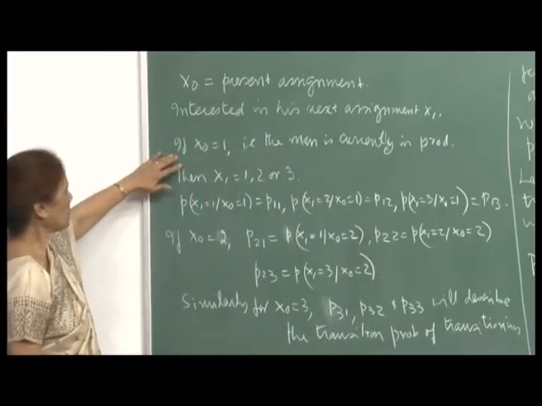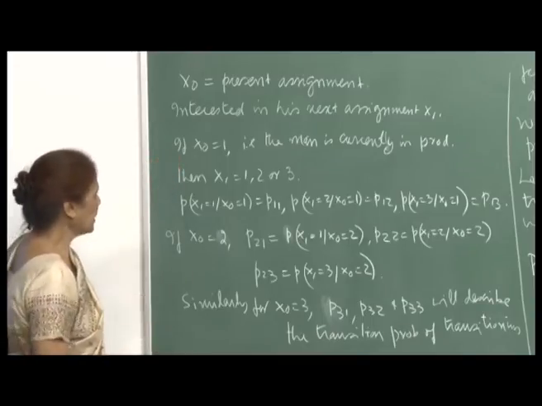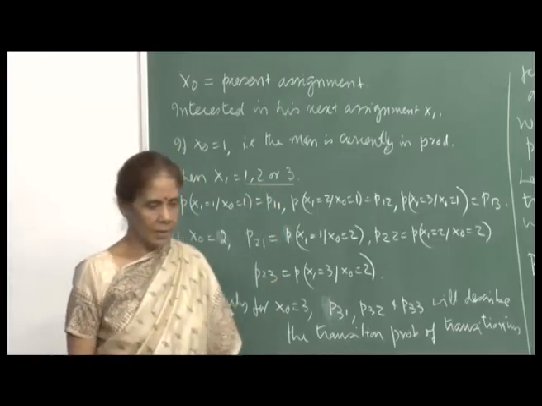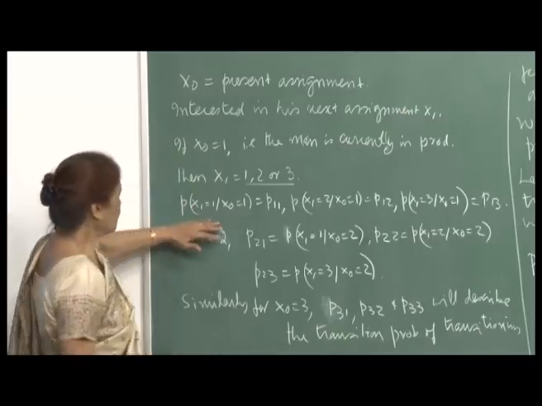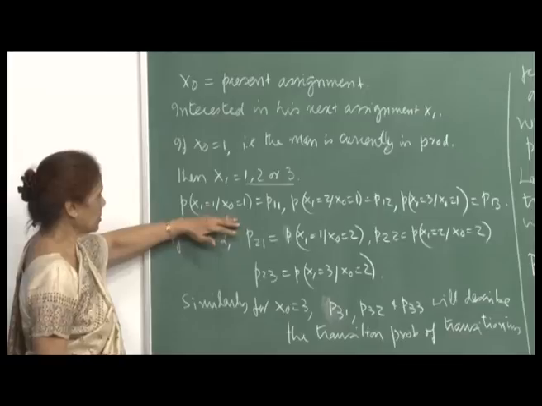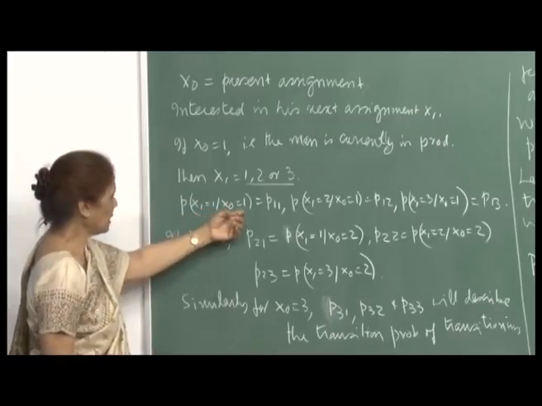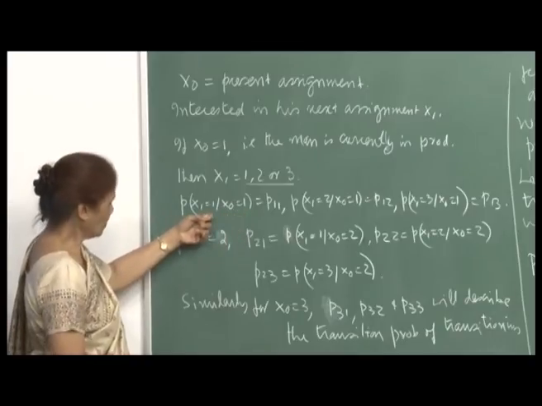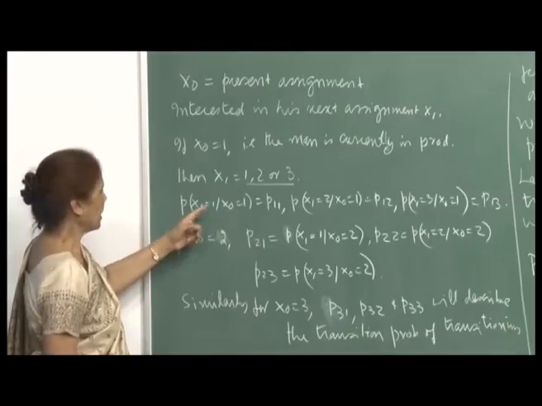If X naught is 1, that is, the man is currently in production, then X1 can be 1, 2 or 3, any of the 3 sections he can be assigned to. So you want to know the probability, which has to be given to you: if he is starting his career with X naught equal to 1, that means he is in production right now, what is the probability that he will be kept in production again, so X1 is 1.